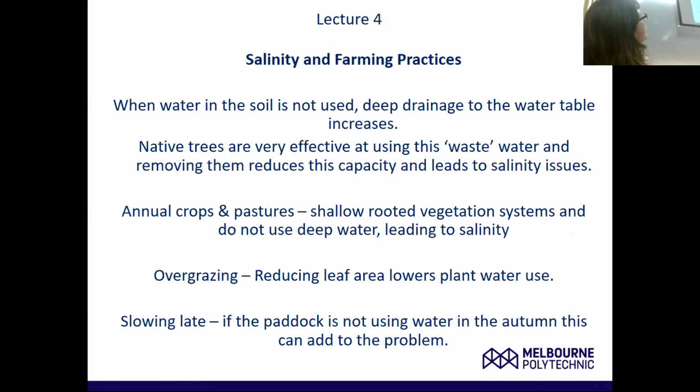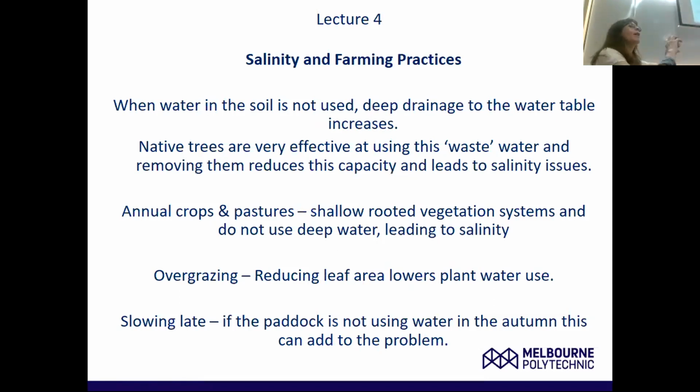So when you've got salinity problems in the soil and there's water, when you put too much water on your soils, you can move your water table, and that can move your salinity problem up or down. So a lot of salinity management is looking at how you manage the water table.